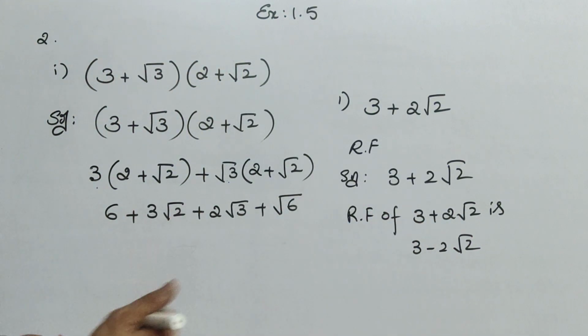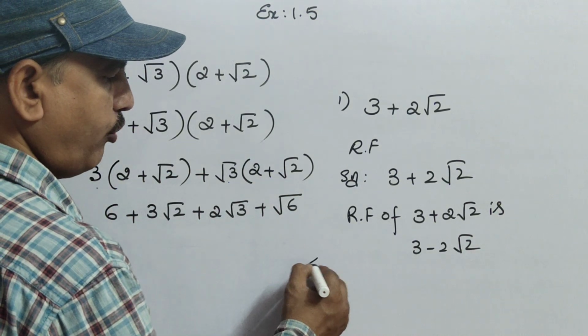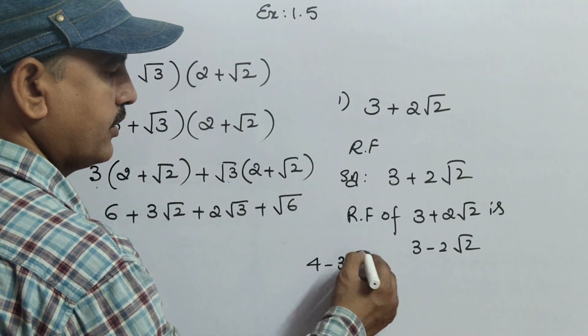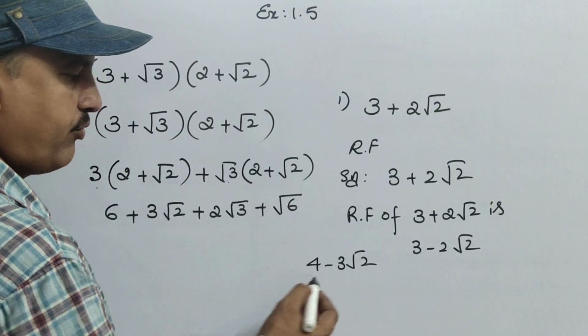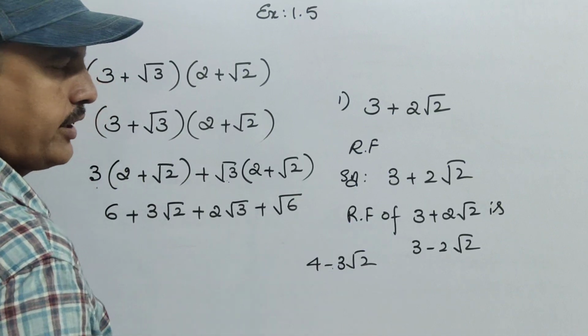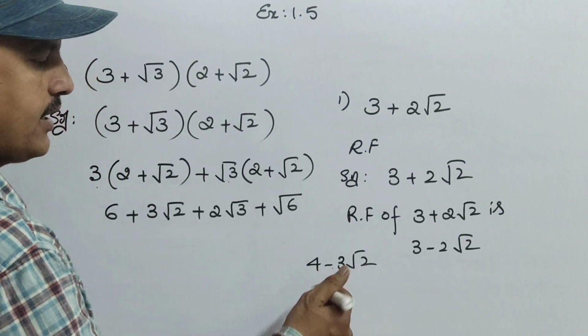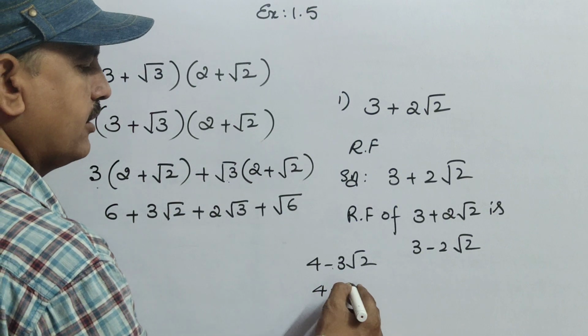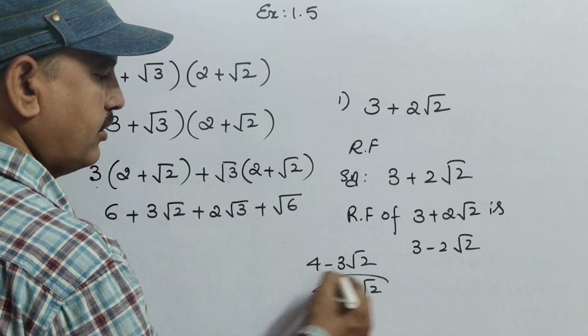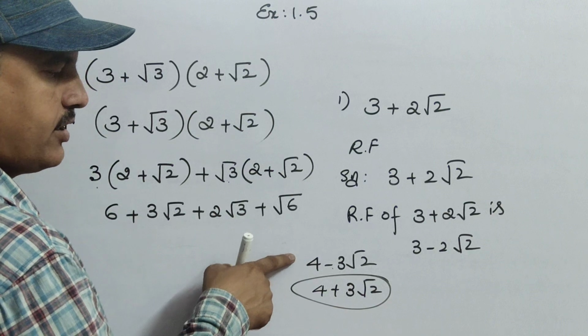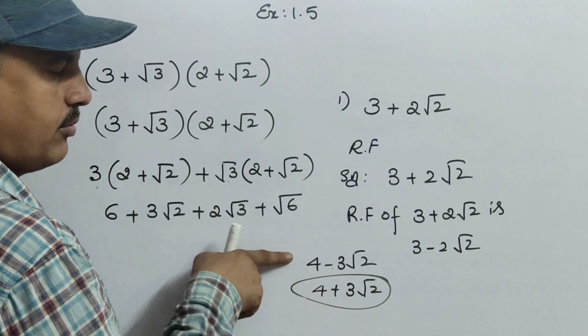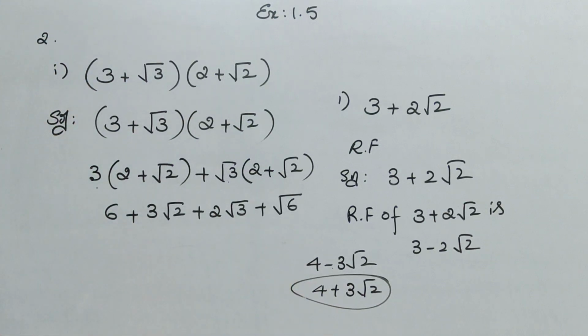In case they ask a minus, suppose 4 minus 3 root 2, then what is the rationalizing factor for 4 minus 3 root 2? You can say the answer is 4 plus 3 root 2. Just vice versa. Okay, children.